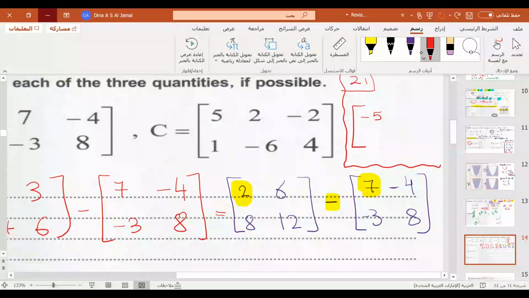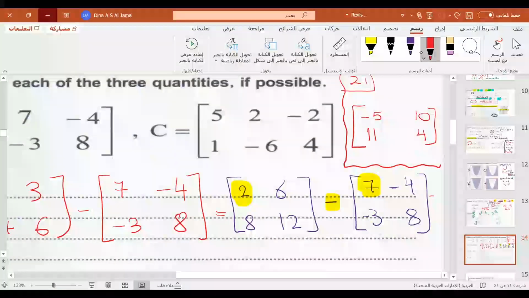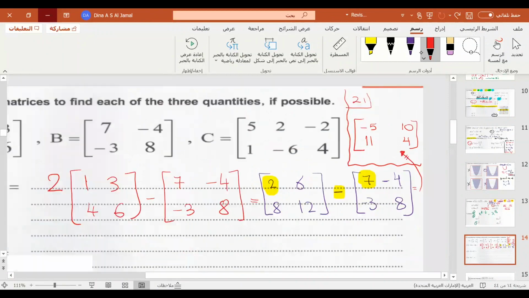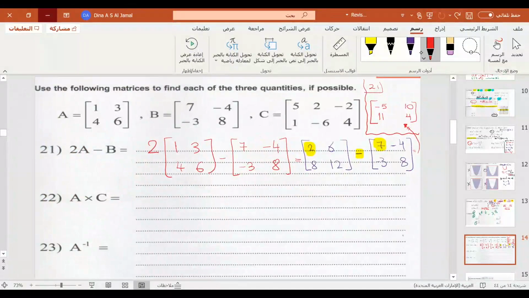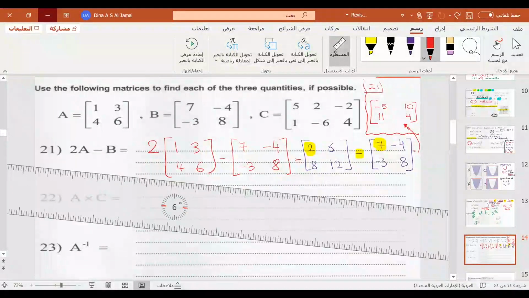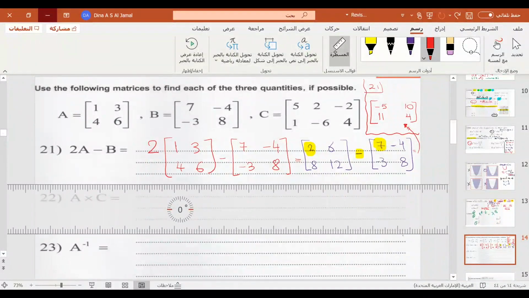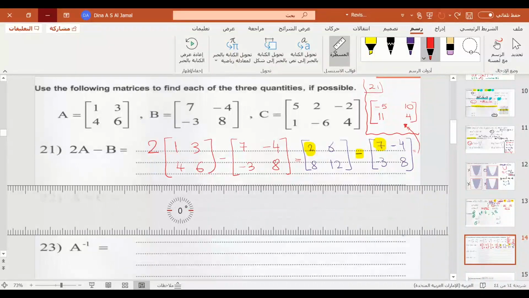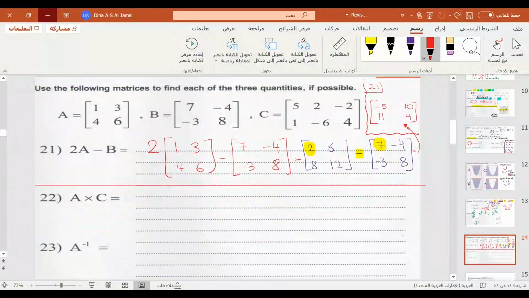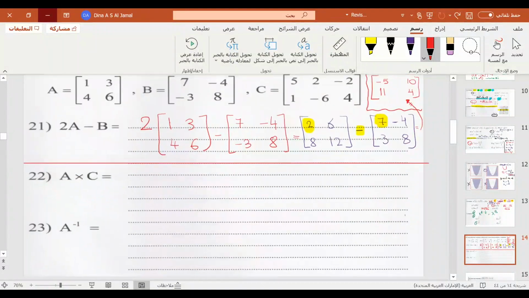This is the first row, and 10, 11, and 4. So this is your solution here. Great. So now let me use the ruler to be organized. So now let's go to the other question.